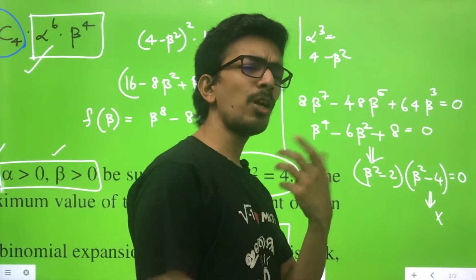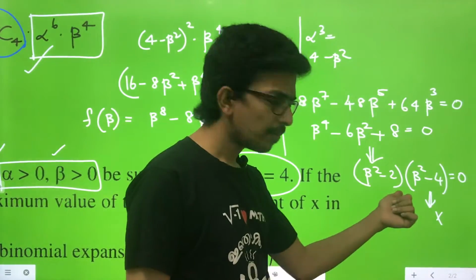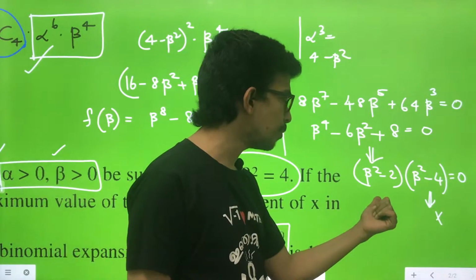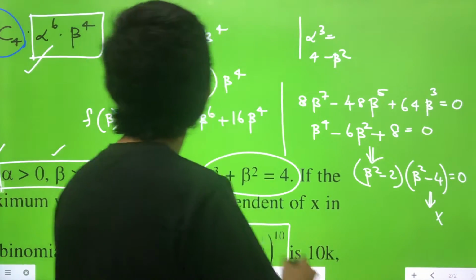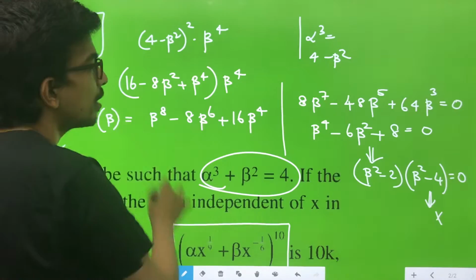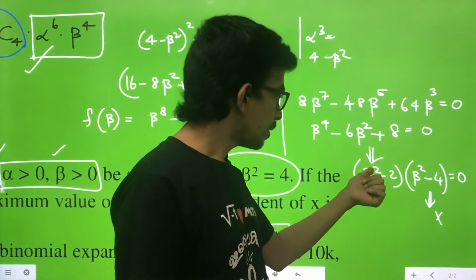Now, without worrying about the double derivative and all, we can directly take beta square is equal to 2, because in the expression there is no beta involved, just beta square is involved.